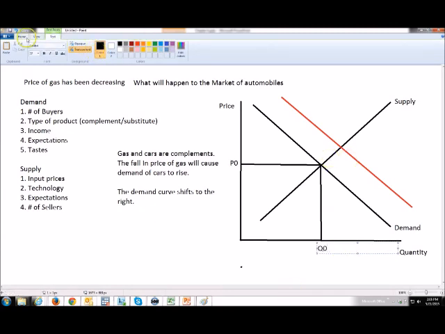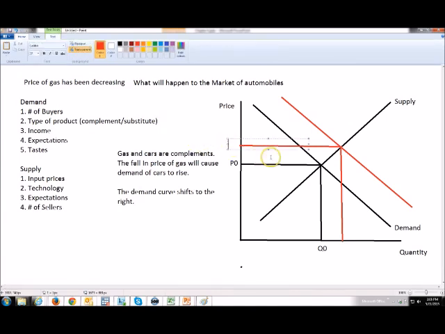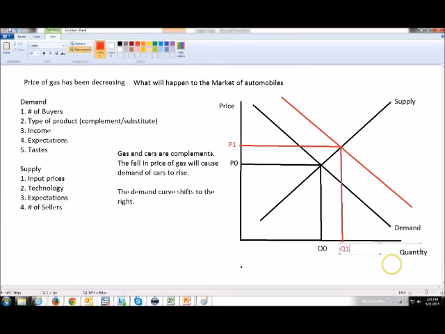The new price is now here, and the new quantity is here. So the new price and quantity are P1 and Q1.